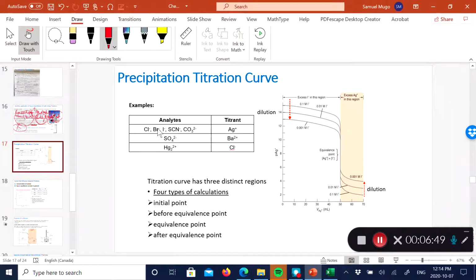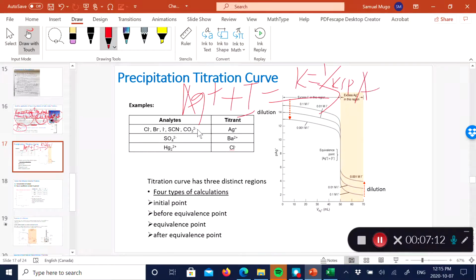For example, you can take silver as a titrant and react it with iodide. That gives you the K, and you can see this K really is equal to 1 over KSP, because the product that you are getting is silver iodide, which is a salt, which is a precipitate.